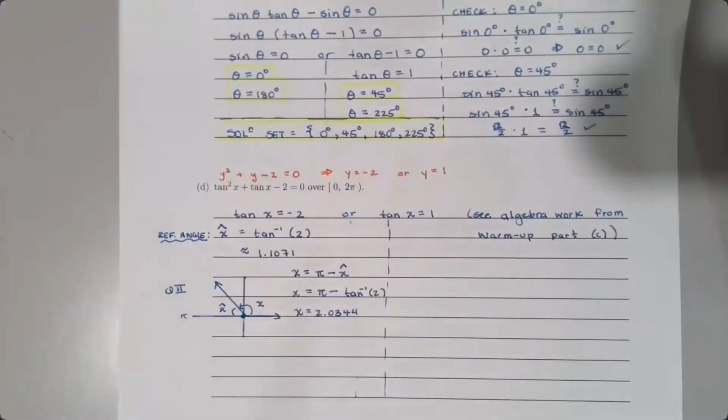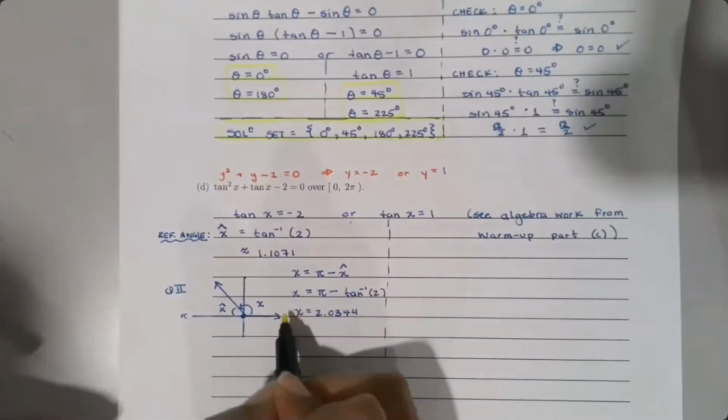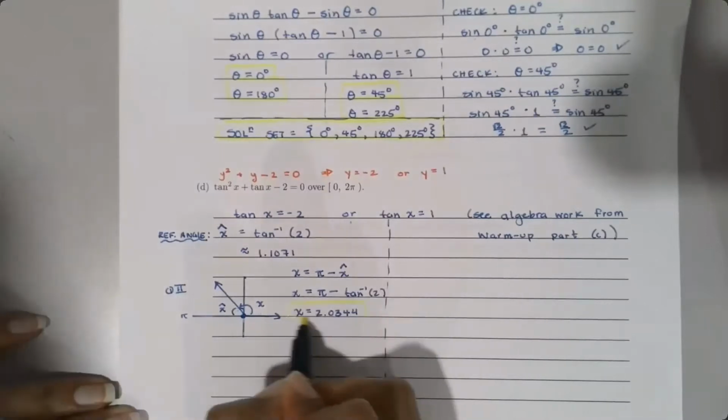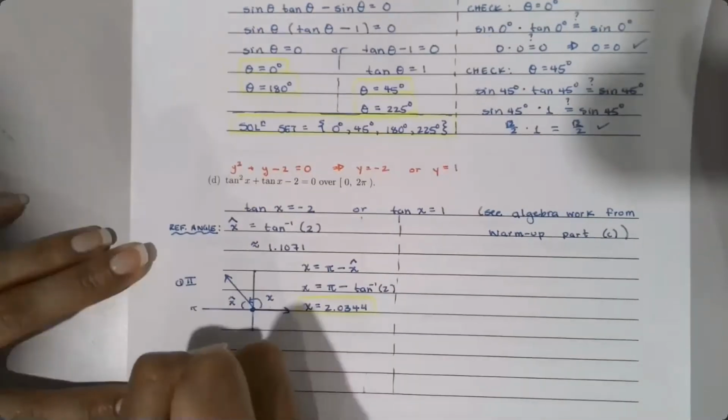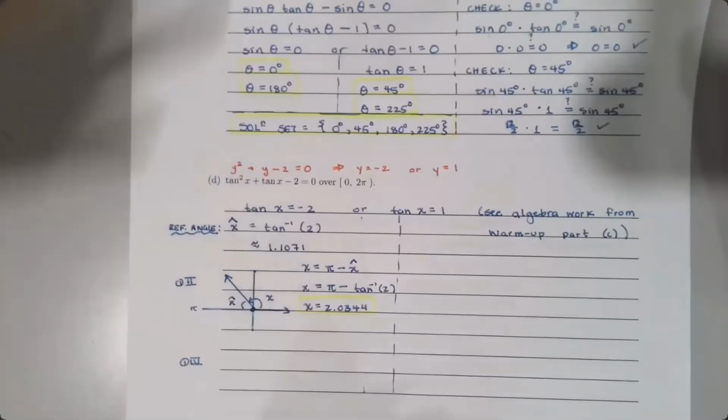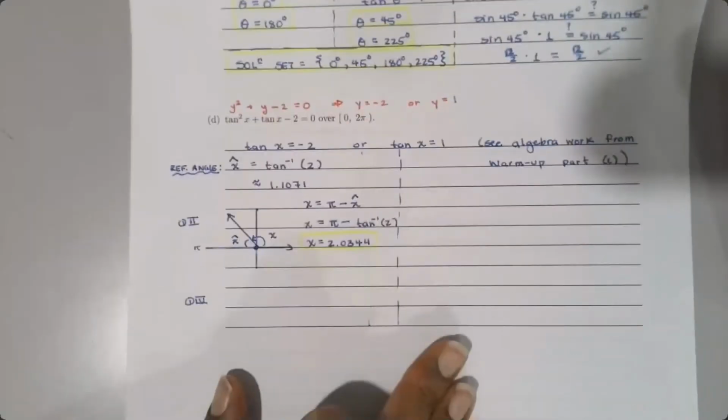The other one we said would be in quadrant number 4 because that's where tangent can be negative. So repeating this process, but for quadrant number 4 now. I'm going to draw the diagram.